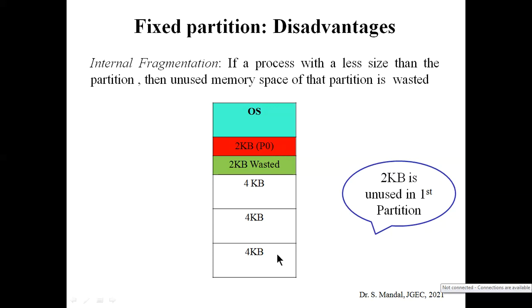As we can see, the first partition is available, so a process of size 2 kilobyte is allocated in the first partition of 4 kilobyte. But as the size of the process is 2 kilobyte, obviously the rest of the memory of that partition is unused, or wasted.